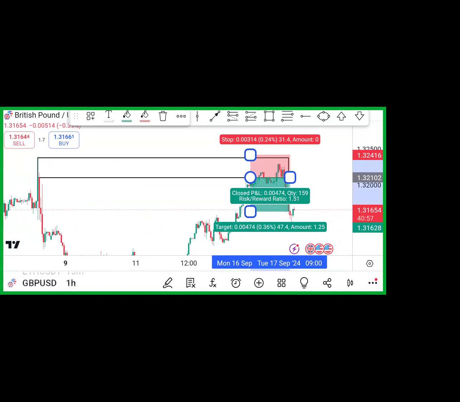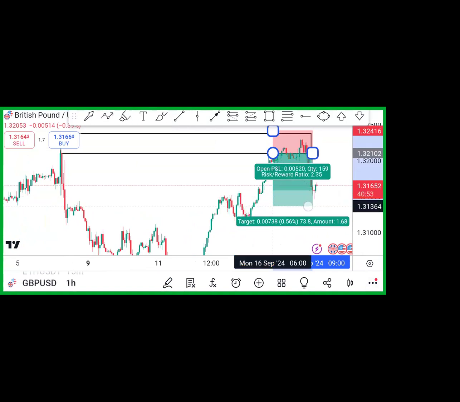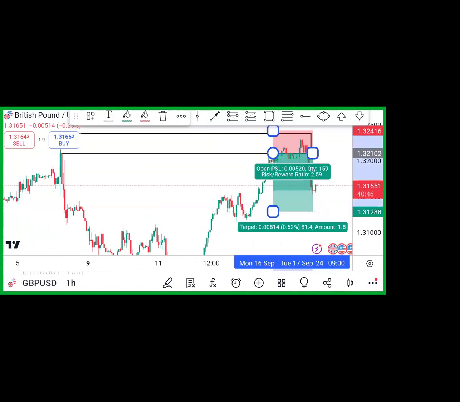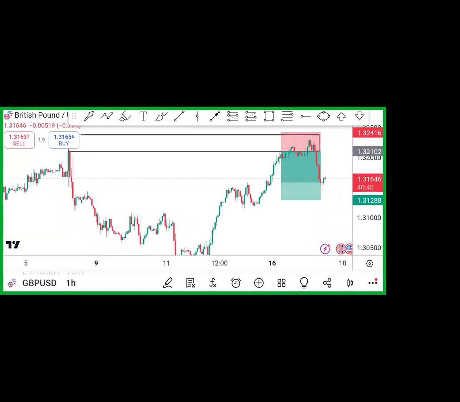Since I'm risking 31 pips stop loss, where's my target? My target should be at least 60 pips. Now I'm targeting 80 pips. So this is like a 1 to 2.4 risk to reward ratio. Perfect. I took this trade with the supply and demand strategy.